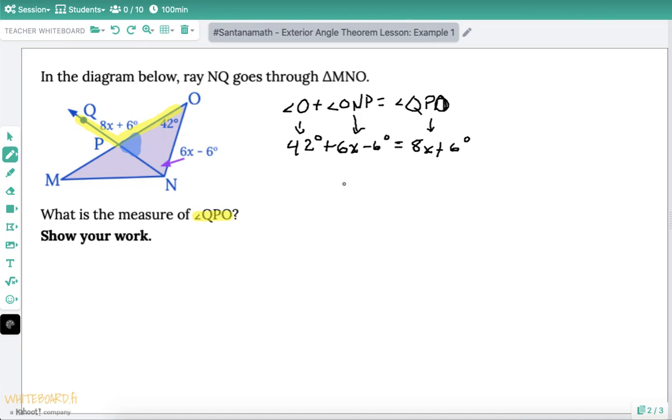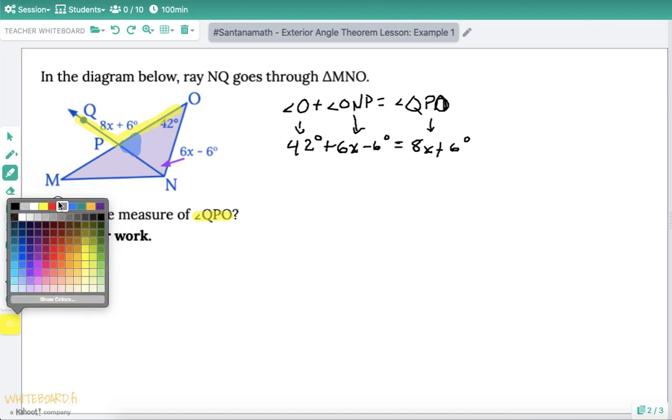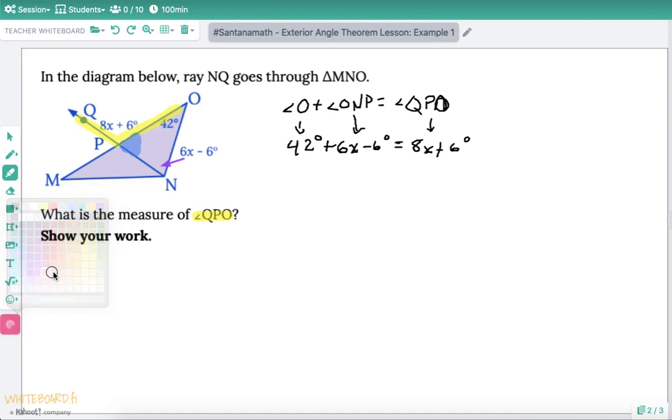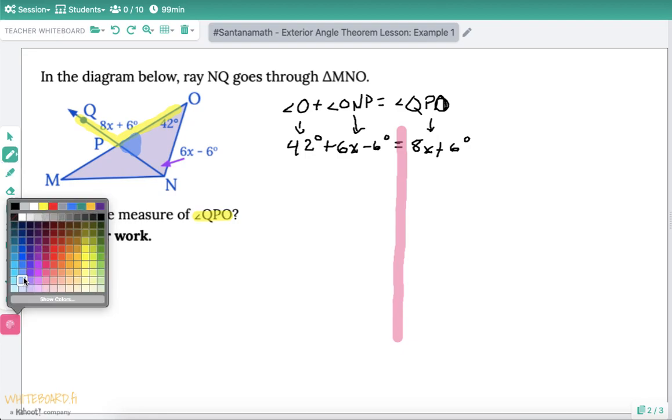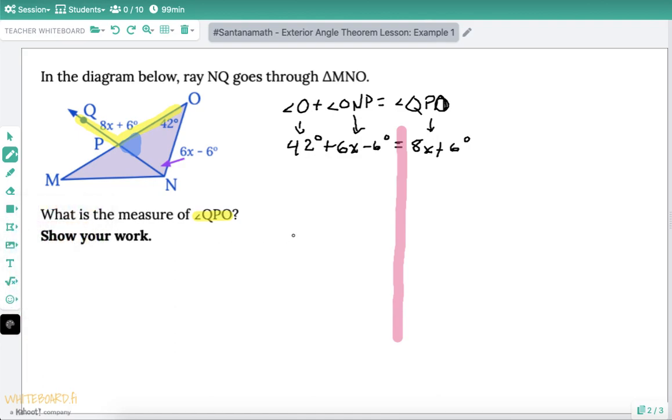What we have to start doing is simplifying the part of the equation on the left side of the equal sign. So let's go ahead and specifically do this. Let's draw a pink line through here, and that will definitely separate the two sides of the equation that we are referring to. So on the left side, I need to bring like terms together. So 42 degrees and 6 degrees are like terms because they do not have an x. Those are called constants.